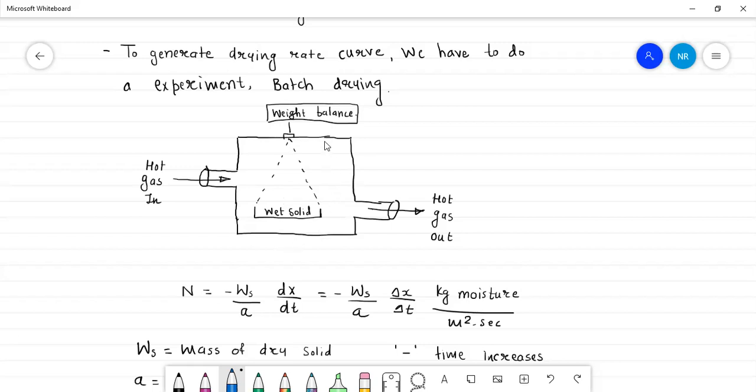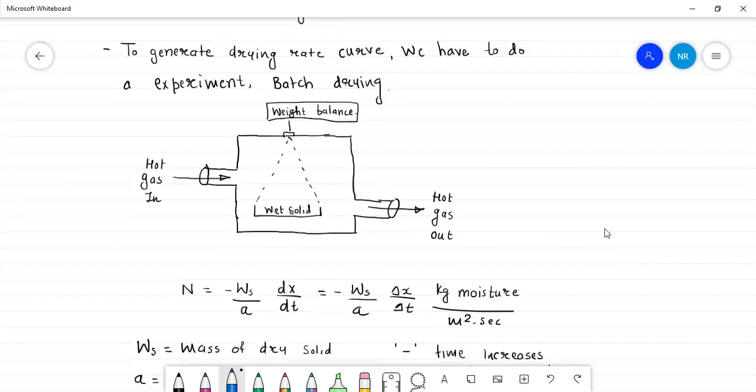If it's not decreasing, it means we are not able to decrease the moisture content any further, it's fixed. Then again we take the gas out. By this way we do the experiment.